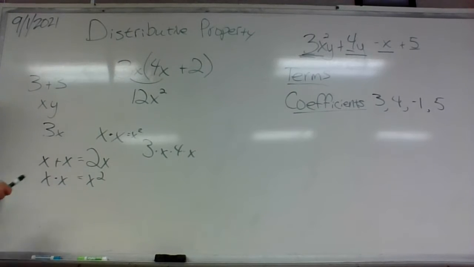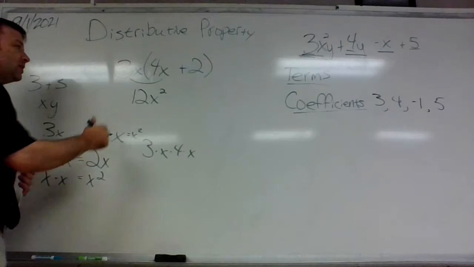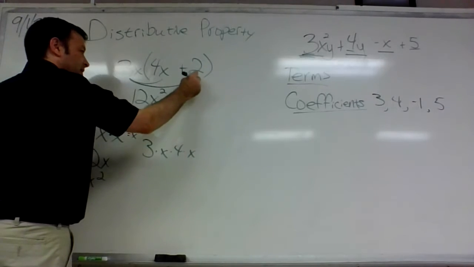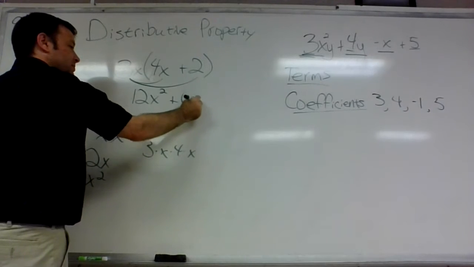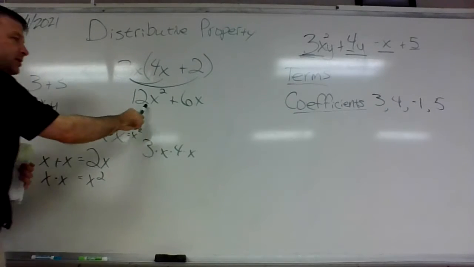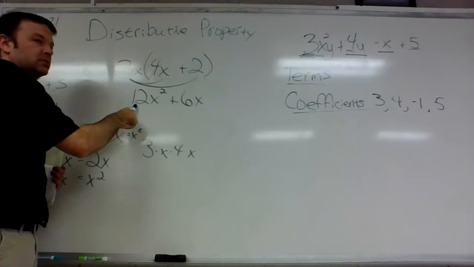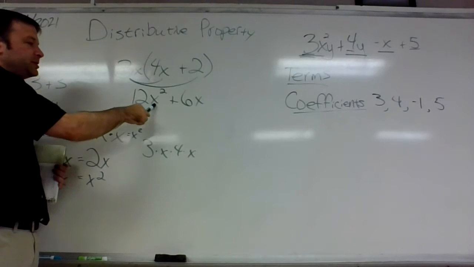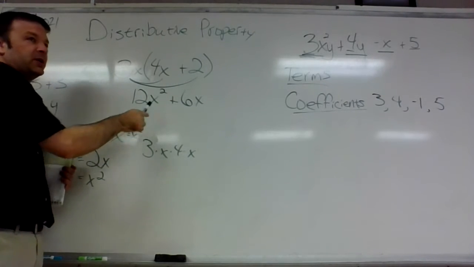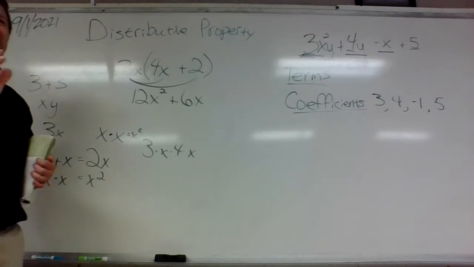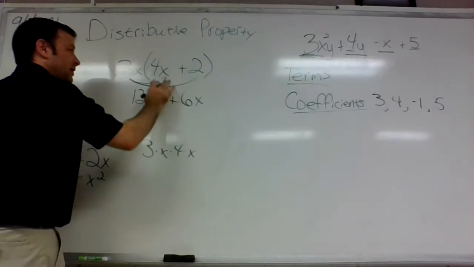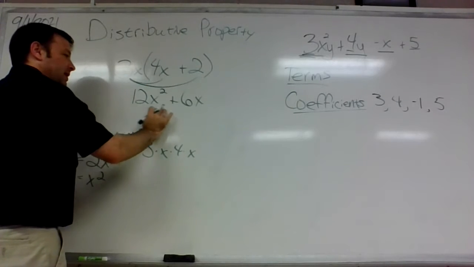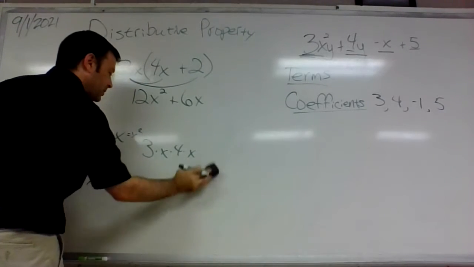So when you're multiplying an x times an x, that's when you do the exponents. And then we got this other guy over here, 6x. Do those add together? No. x squared and x are not the same kind. You can only add and subtract like terms. Those are not like terms, so it's not going to add together.